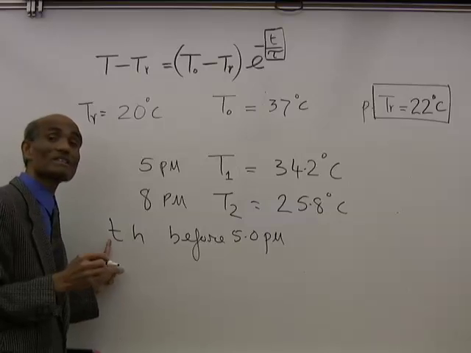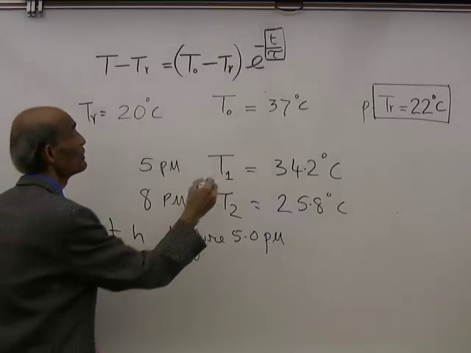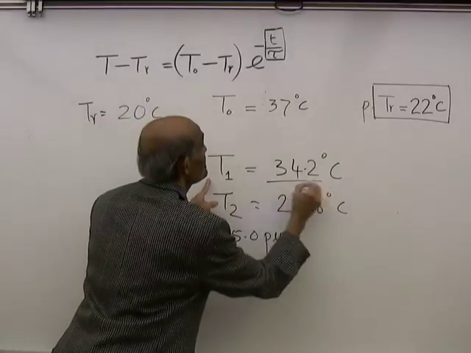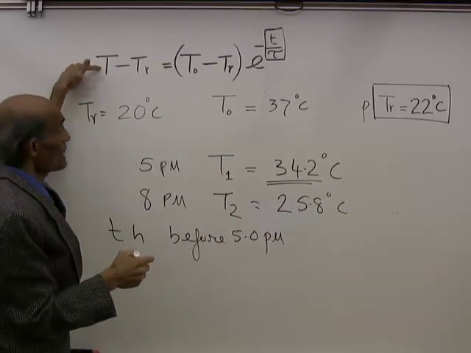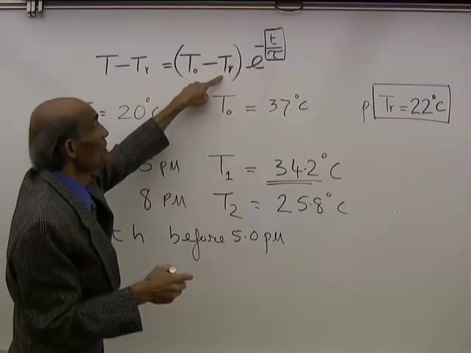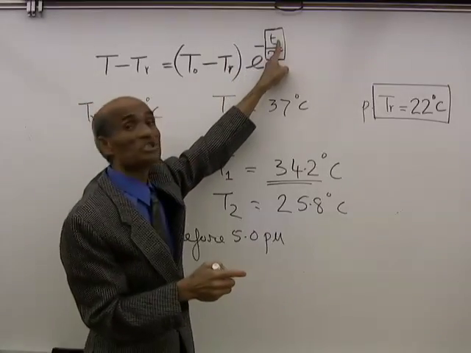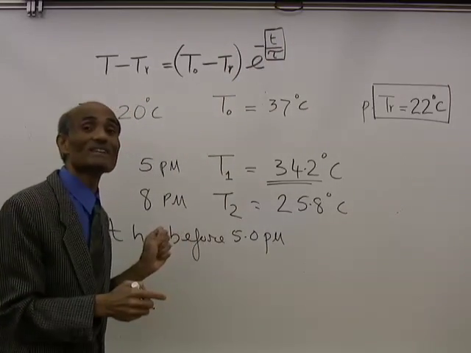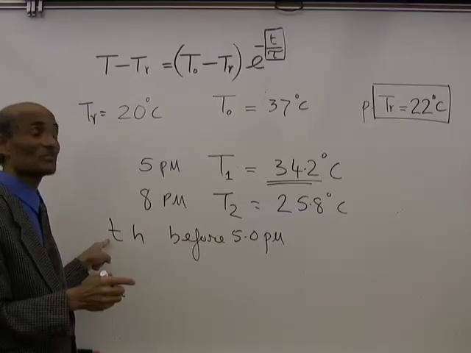That means if you now use this temperature here, you know T sub R, you know T0, then this t will be the time of death.